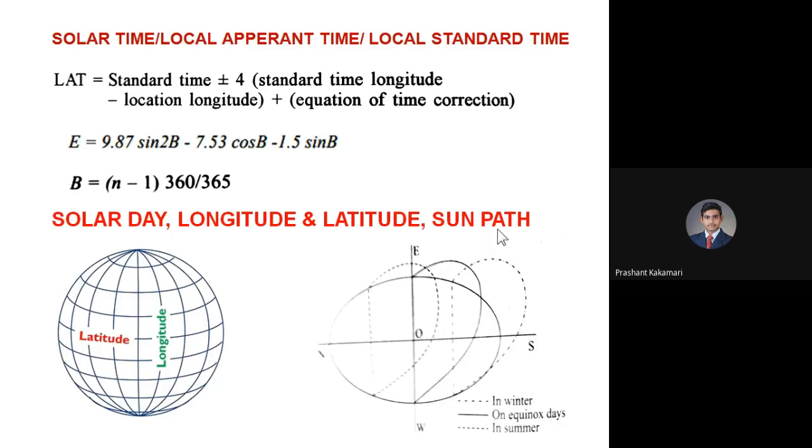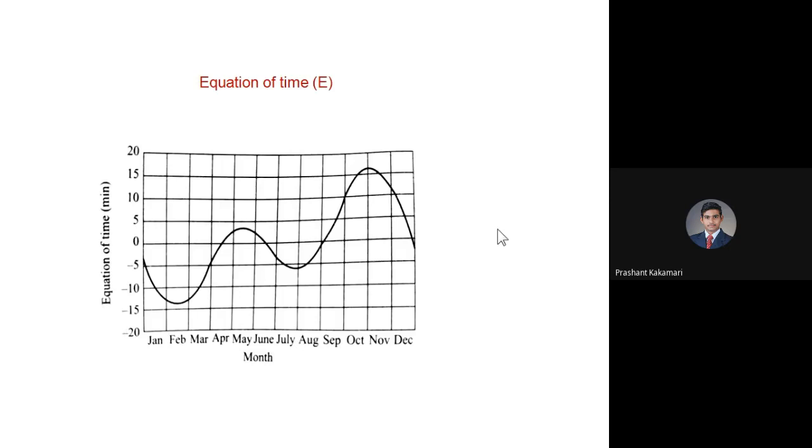So this is all about the solar time. Next we'll see how this equation of time is measured. For the given month, or the different months, January to December, the equation of time is shown on the y-axis and the various months are shown on the x-axis.